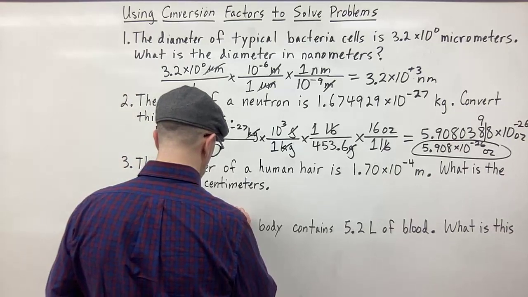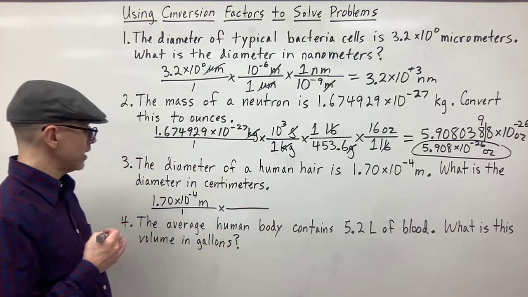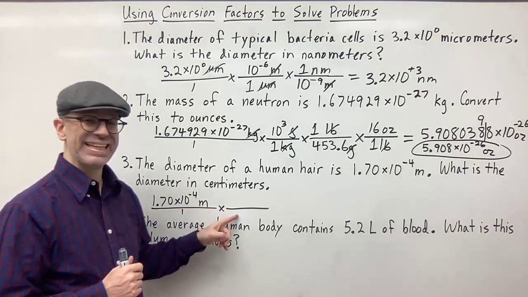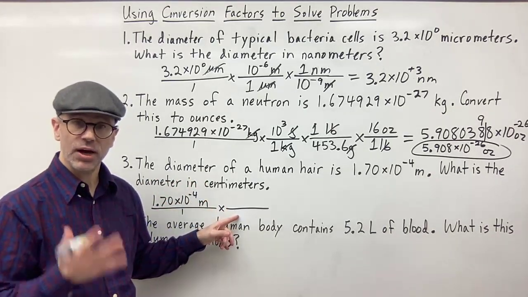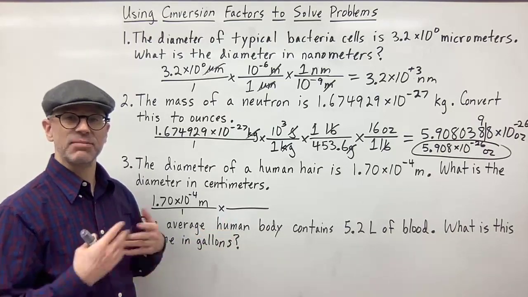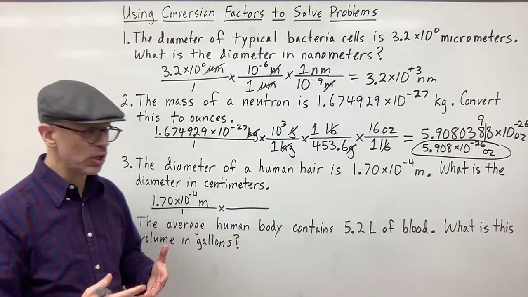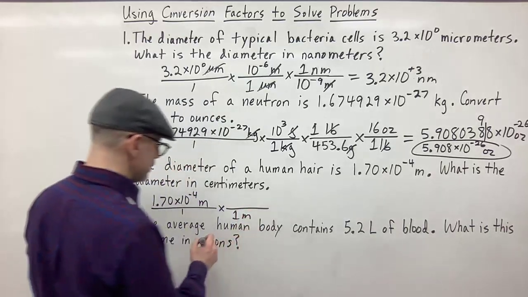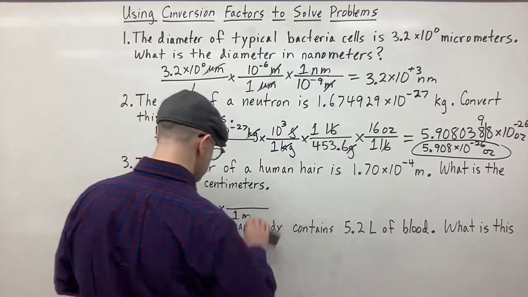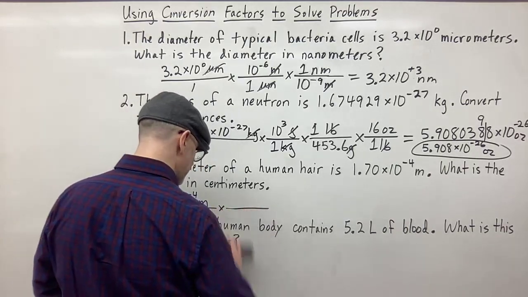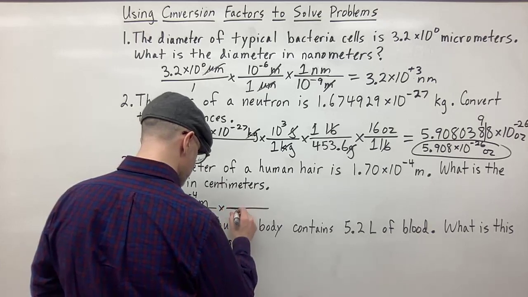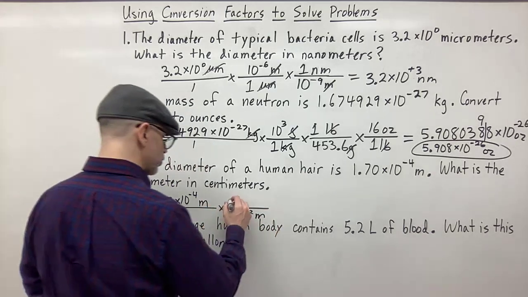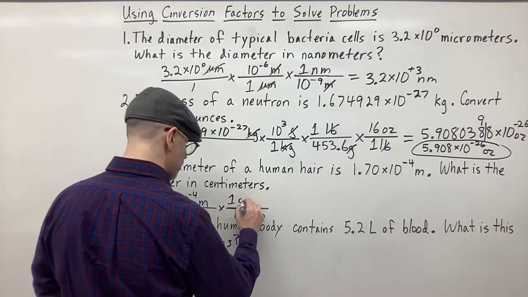So this is a one-step conversion because I know the relationship between centimeters and meters. Because centi means 1/100th of. And so if I have a centimeter, that's going to be 1/100th of a meter, or 10 to the negative 2. So I'm going to put on the bottom 1 meter is equal to 10 to the negative 2 meters. 10 to the negative 2, that's 1/100th of a meter, is equal to 1 centimeter on top.